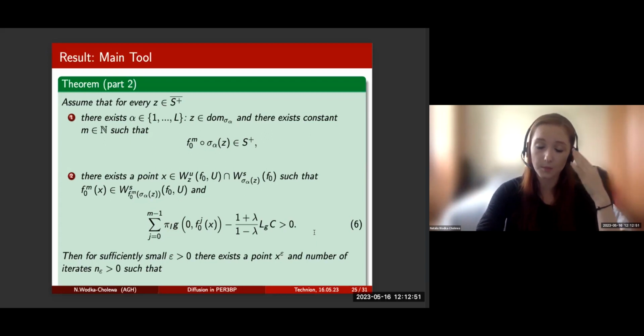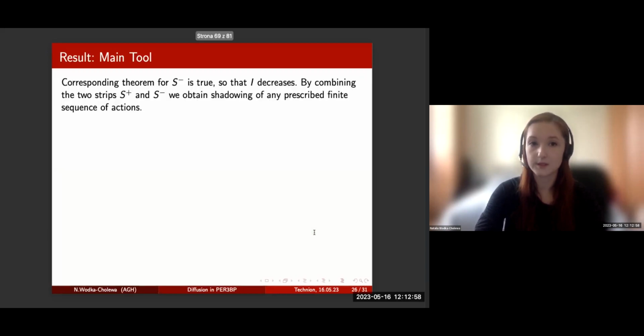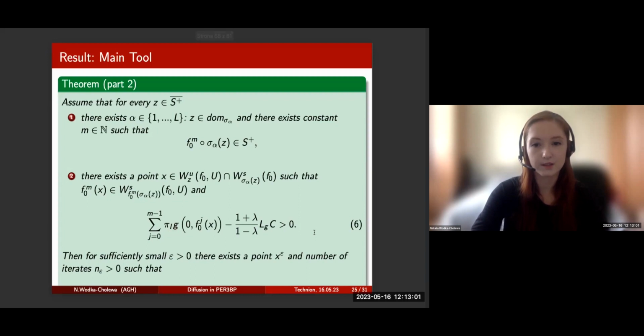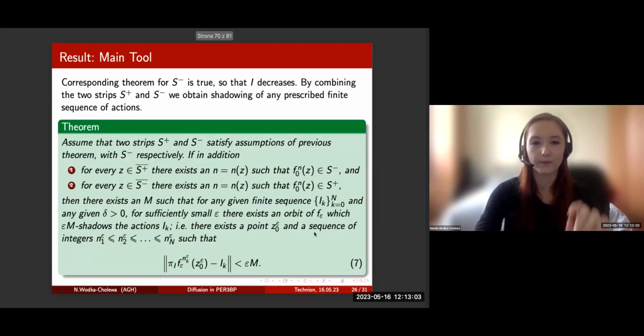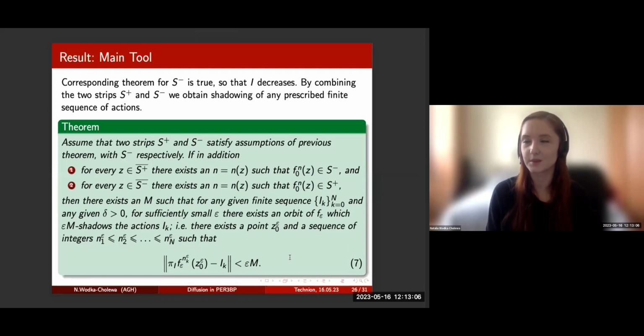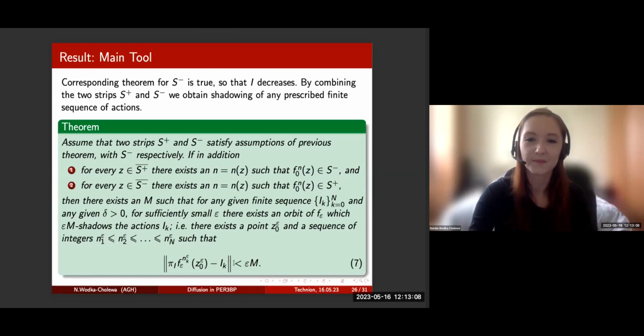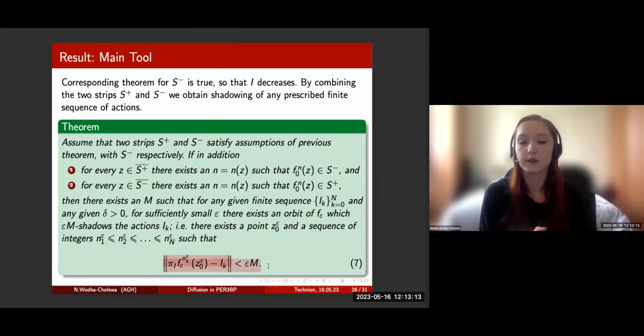Then, because these are all the assumptions, for sufficiently small epsilon, so for sufficiently small perturbation, there exists a point and a number of iterates such that... I have to jump here because I see my slide was cut off. So you have the number of iterates here, and you calculate it on the z0 epsilon, and it's a projection to the I coordinate.